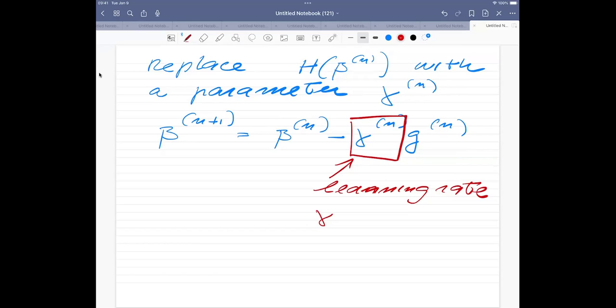So we are going to perform the expansion around the expression here. So the question is, can we find an optimal beta? No, sorry, not an optimal beta, but an optimal gamma.